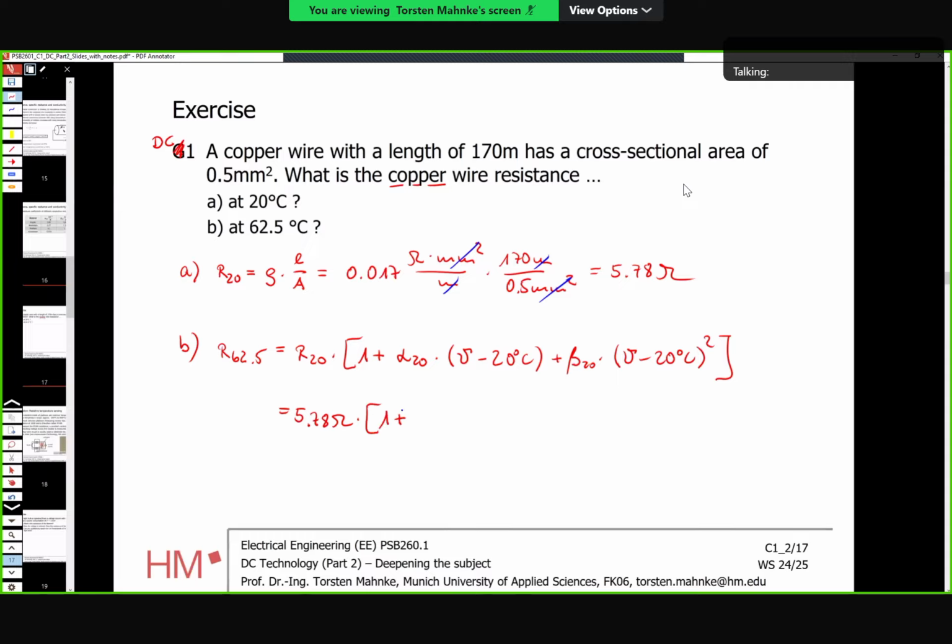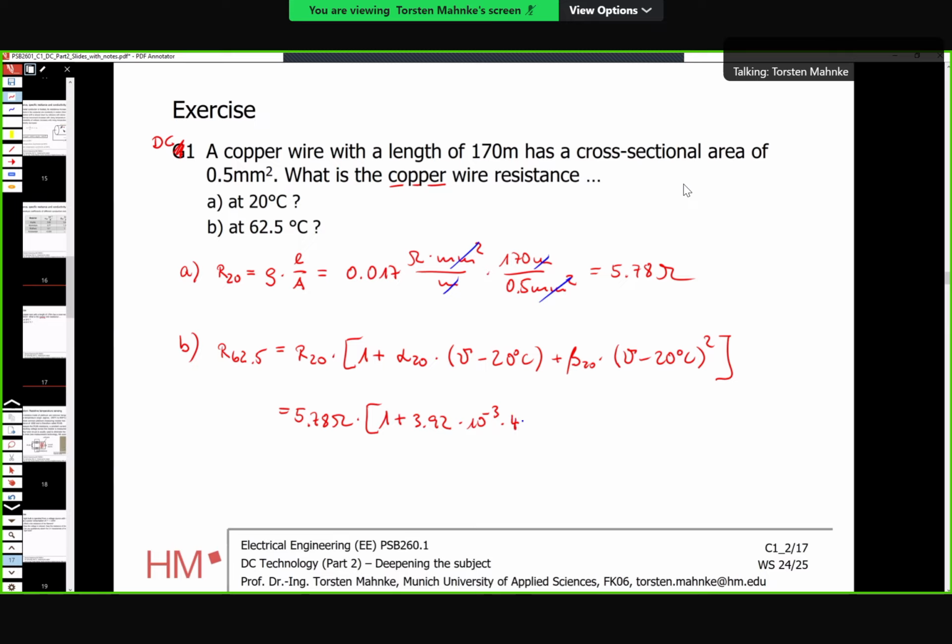What is alpha 20? 3.92 times 10 to the power of minus 3, 1 over Kelvin. Okay. And what do I write for the temperature difference? 62.5 minus 20, and then convert to Kelvin.